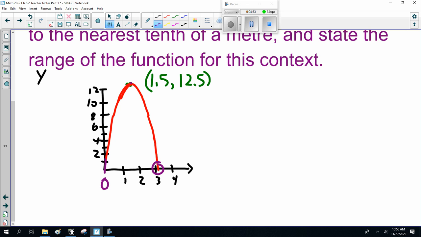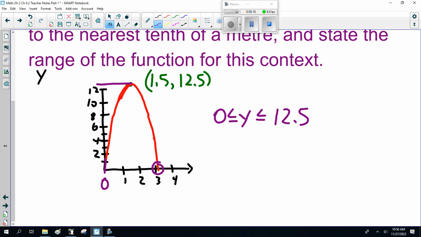Range is height. Sorry, getting ahead of myself. So range, y is greater than or equal to 0, and it's less than or equal to 12.5, your y values. That's how high the skier gets. Okay? So far, so good?